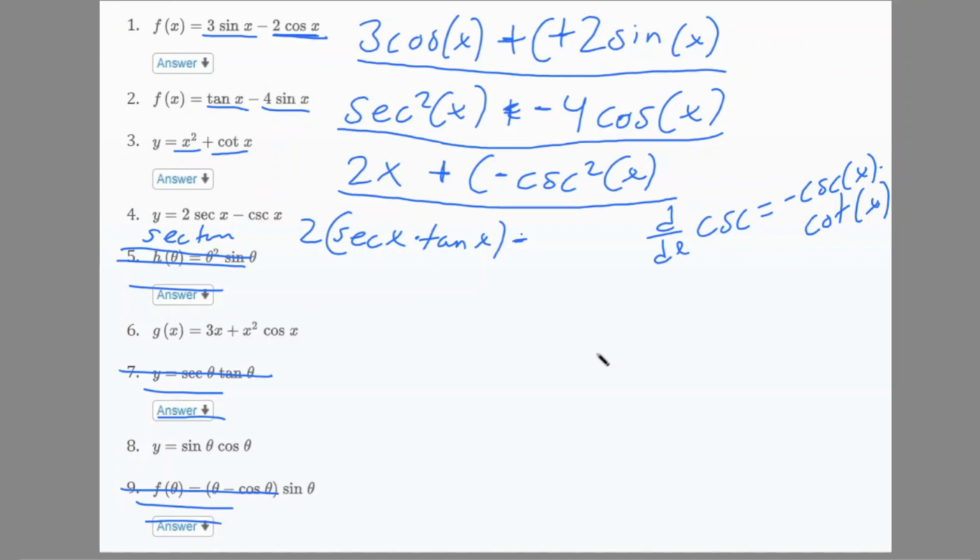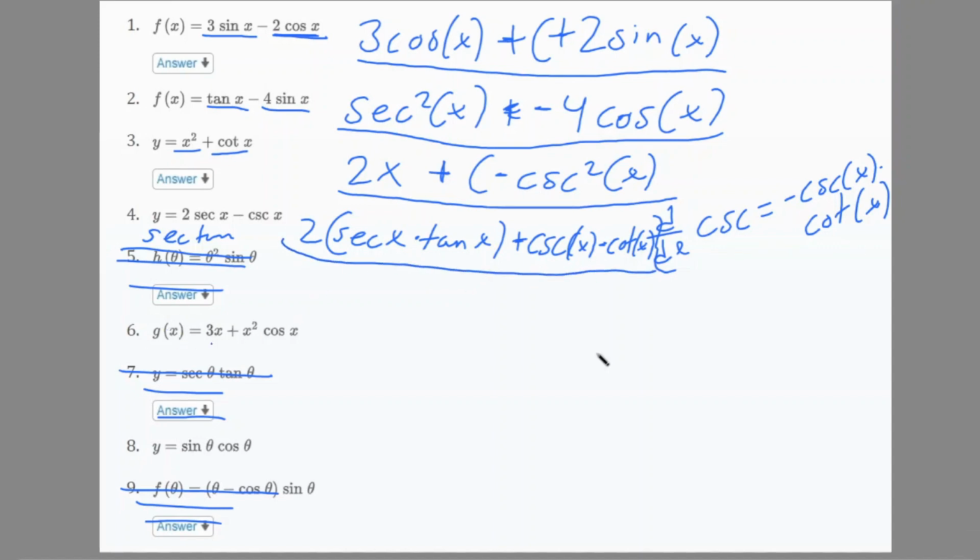So it would actually be plus, because two negatives, plus cosecant x cotangent x. It's a little bit jumbled here, but basically 2 secant x tangent x plus cosecant x cotangent x. That would be your final answer.